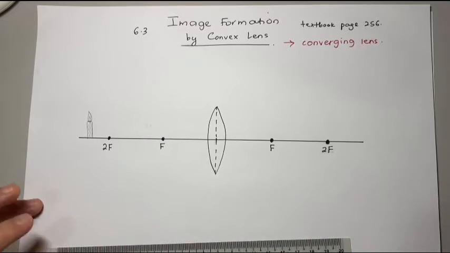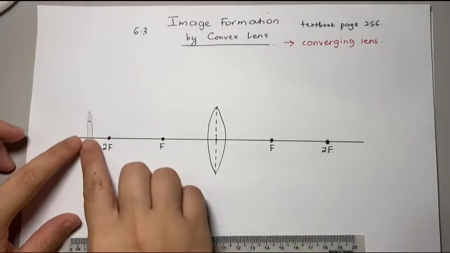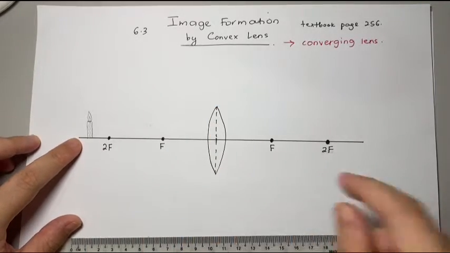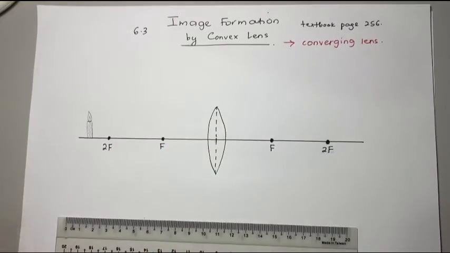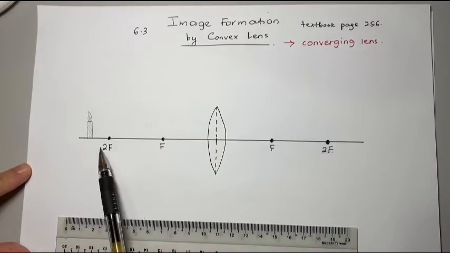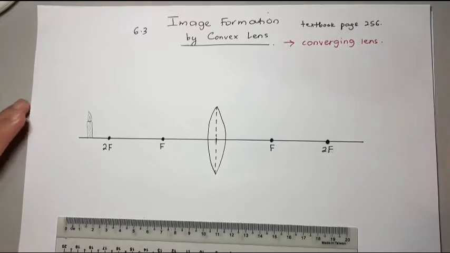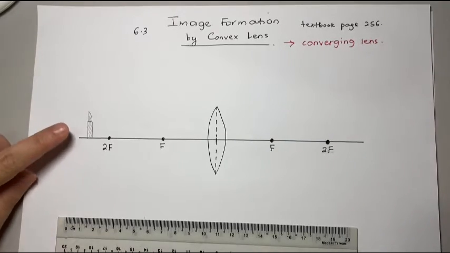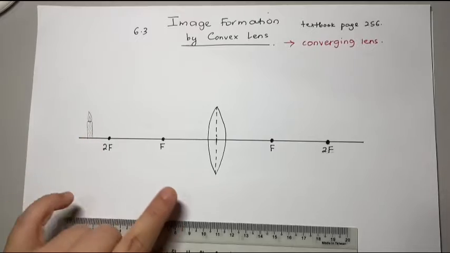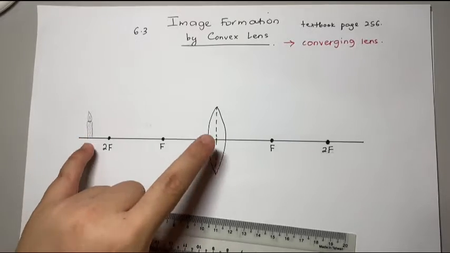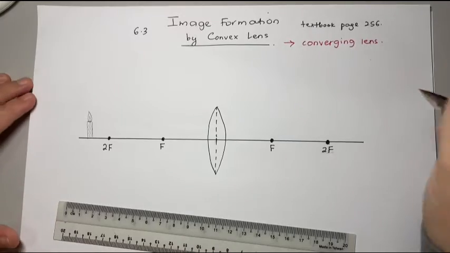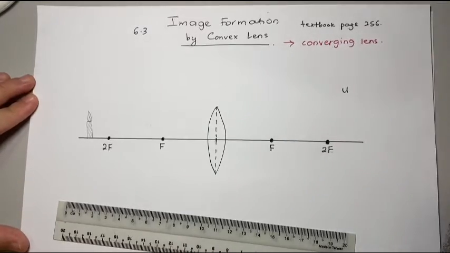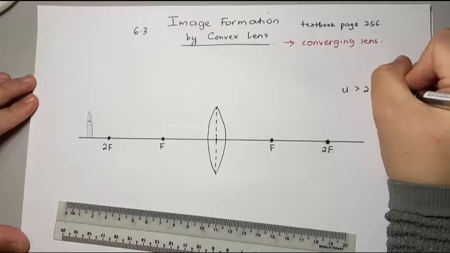Focal point. Alright, so here I have my principal axis, I have my convex lens in the middle. Alright, and then along the principal axis here I have my focal point, 2F, and so on. Now, this is my object here. If you see here, my object is further compared to my 2F, meaning the object distance U is more than 2F.